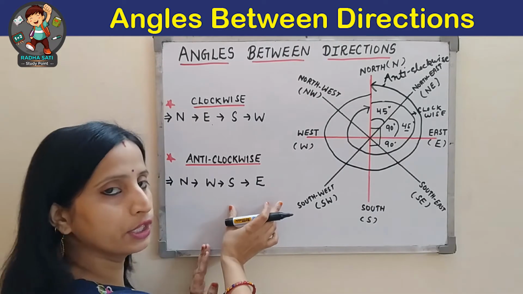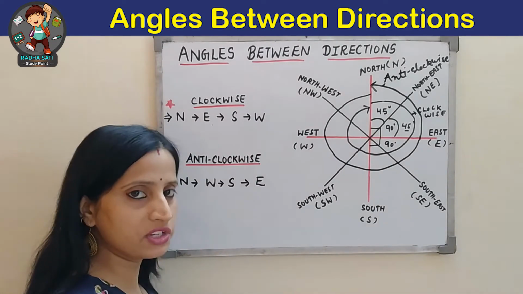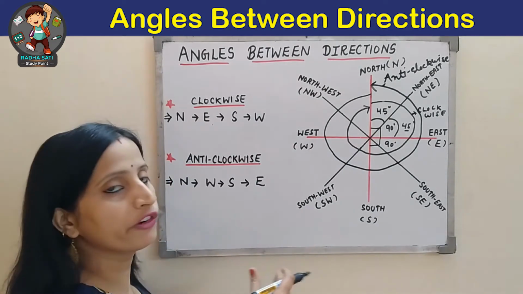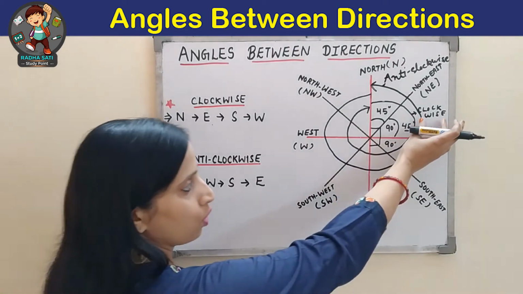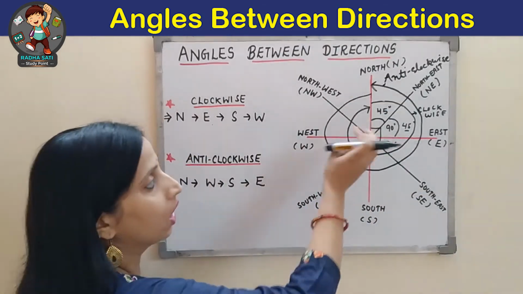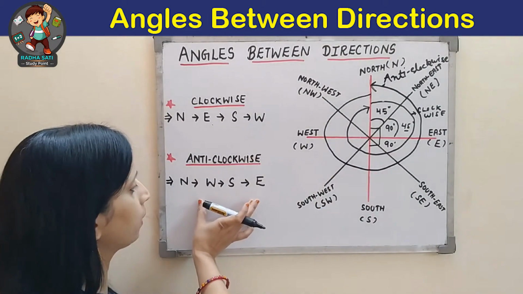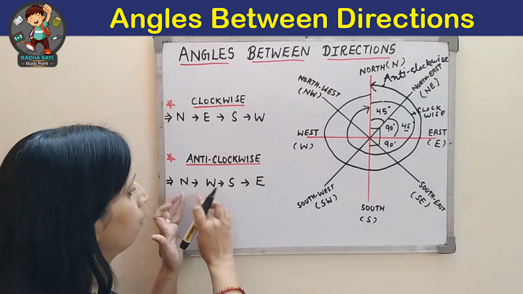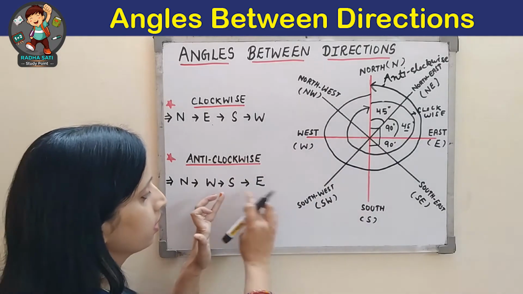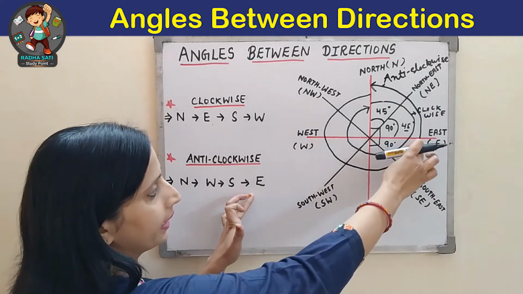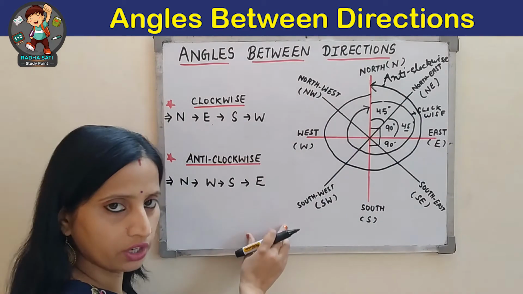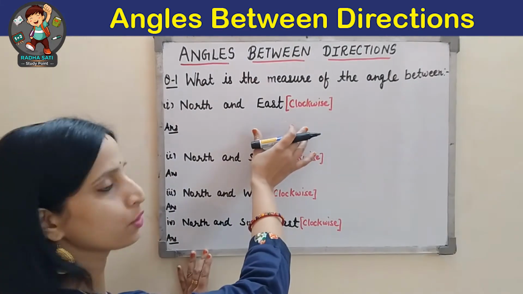In today's video, we will do some questions in which we have to find out the angles when there is clockwise or anti-clockwise rotation. The sequence for anti-clockwise rotation is from north to west, west to south, south to east, then again back to north. Now we will solve some questions.